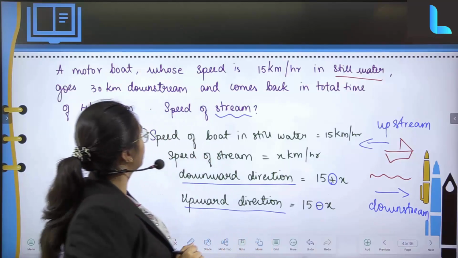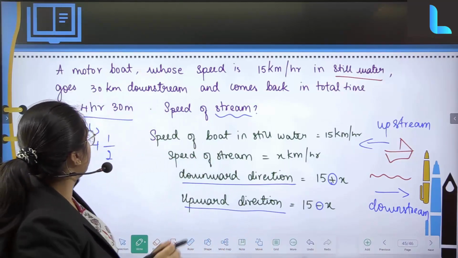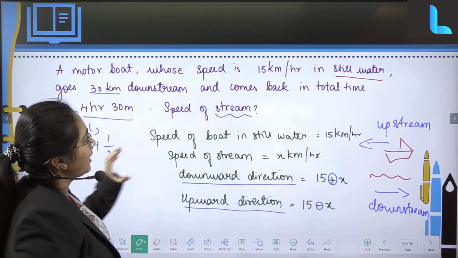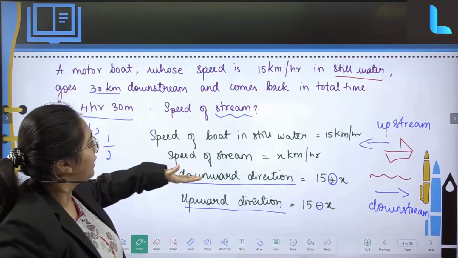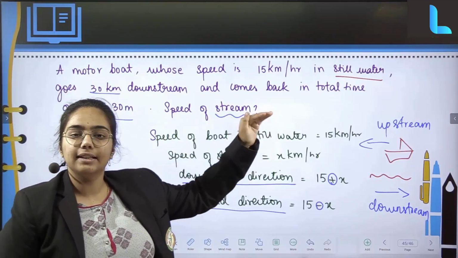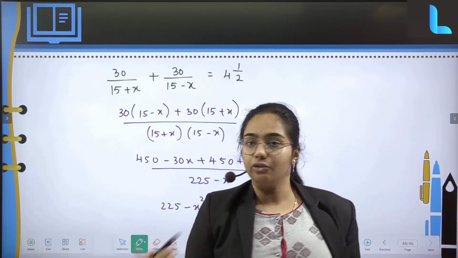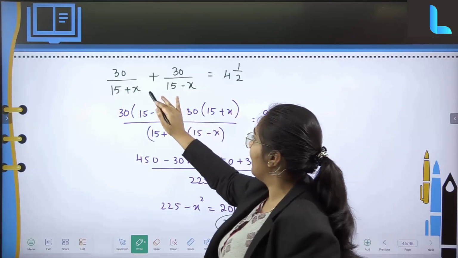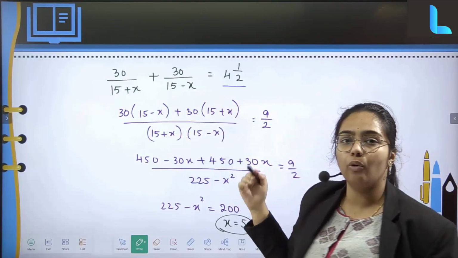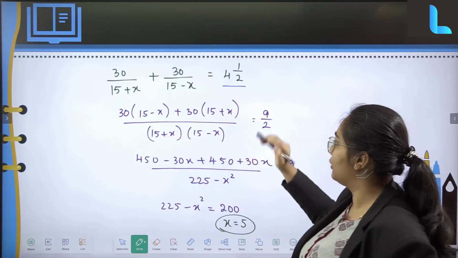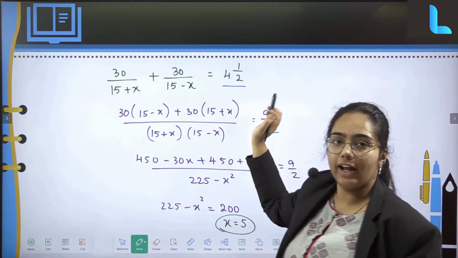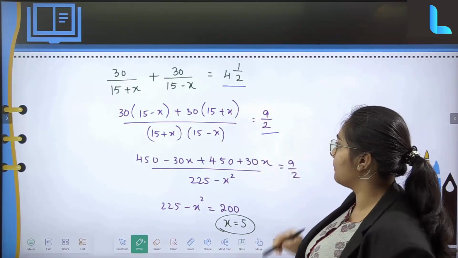Over here, if you can just check it out, the boat goes 30 kilometer downstream. So hence I'll get 30 divided by downstream speed, and similarly for upstream. So when I add both of it, I'll be getting 4 into 1 by 2. So that is a mixed fraction. When you convert it, you will be getting 9 upon 2.